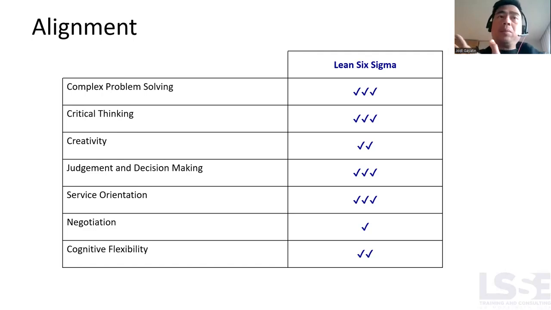So there's complex problem solving, critical thinking, creativity, judgment, decision-making, service orientation, negotiation, and cognitive flexibility. So these were just some of the competencies. And actually, a lot of this can be covered and developed when you study Lean Six Sigma.